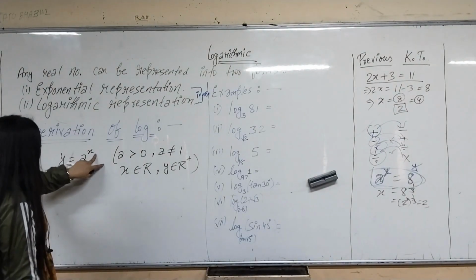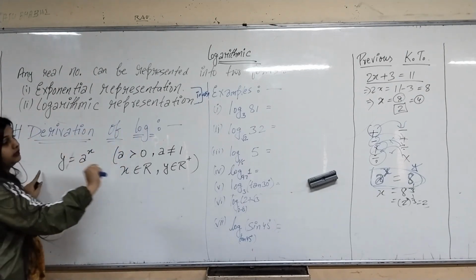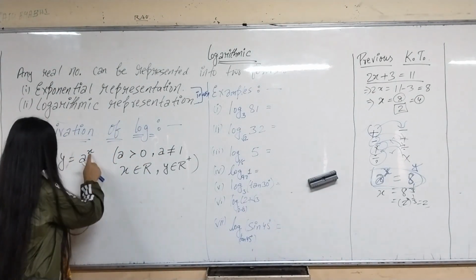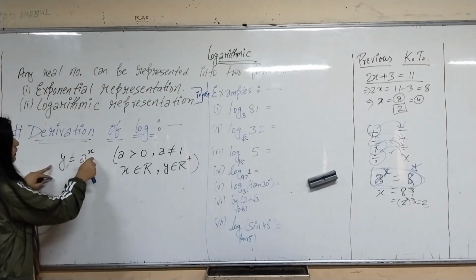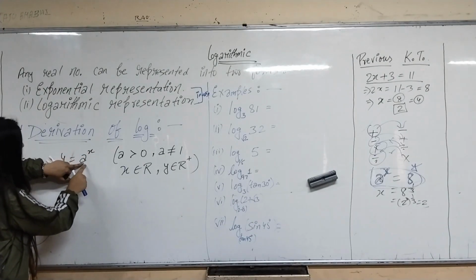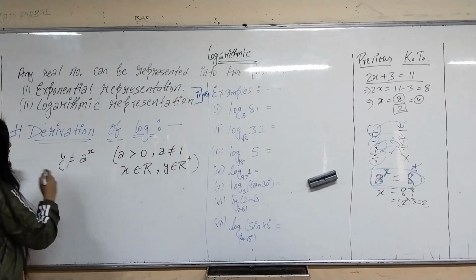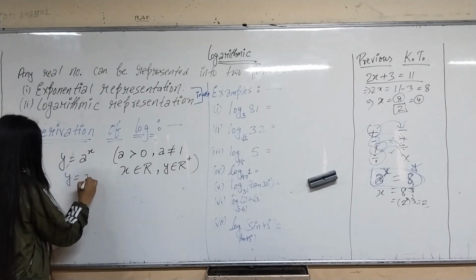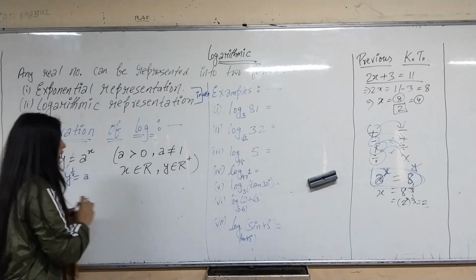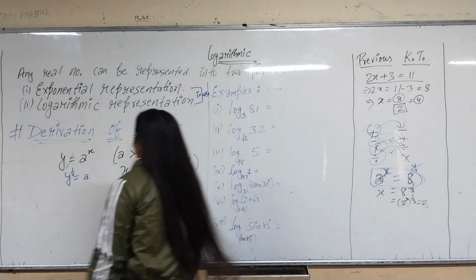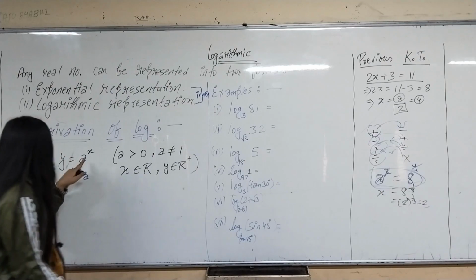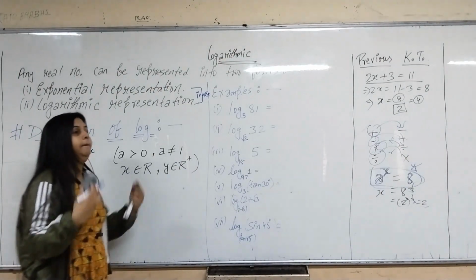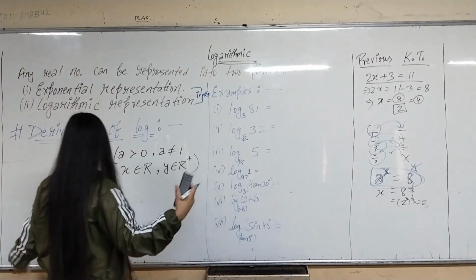Y equal to a to the power x. If you want to set this x, we will write a equal to y to the power 1 by x. But right now we are so bored with this, therefore we want to have some new adventure.